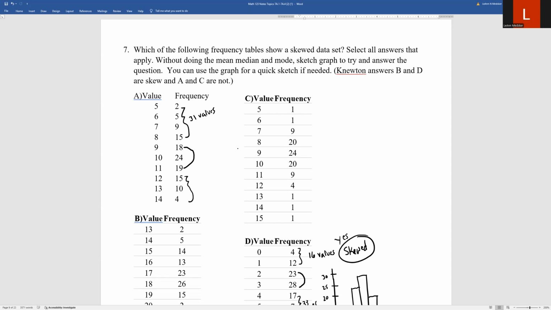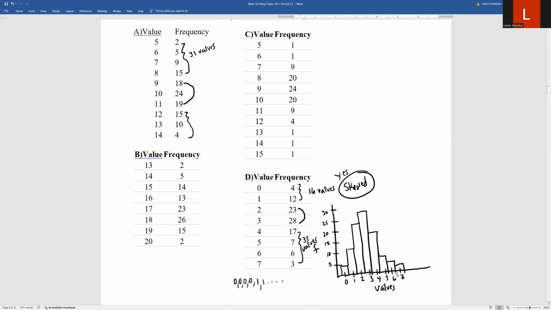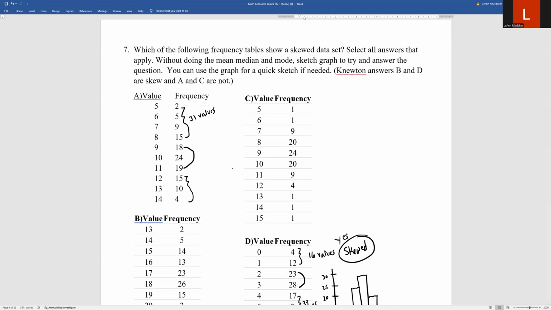So if we add up how many items we have to the right of our thing, remember this is going from least to greatest, these are the actual values. So remember, they stand for these little numbers at the bottom. The number of items we have tells us how tall our bar is. So that's the frequencies. So this is 29 values. So because these are very close to being balanced, this is not skewed. This one would be symmetric.